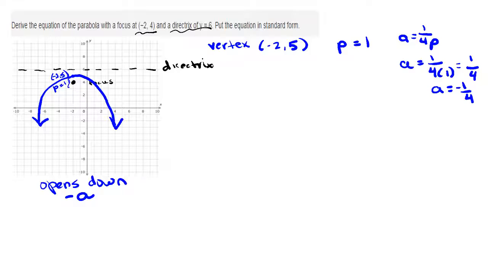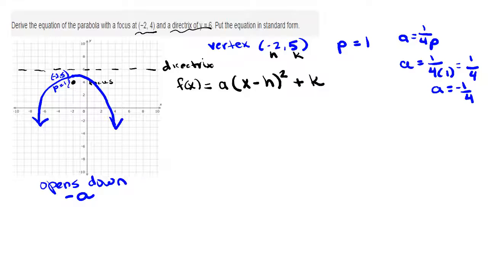And then we'll go ahead and use that equation that we know for the parabola. The equation of the parabola is in the vertex form. f(x) equals a(x minus h) squared plus k, and we know that the vertex (h, k) is here.